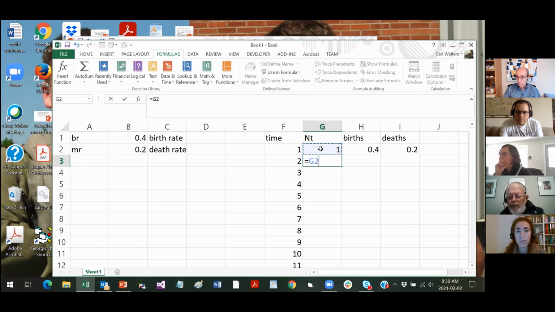Then I'm going to take plus the births from the previous year minus the deaths. So this little simple accounting, where I take what was there before and add new animals and subtract deaths, is the tautology in this model.